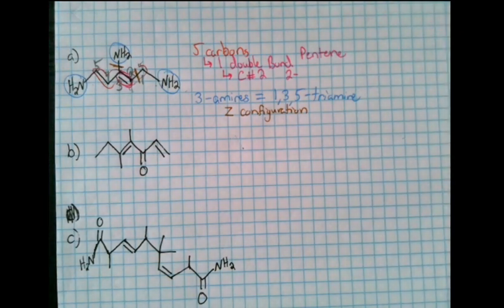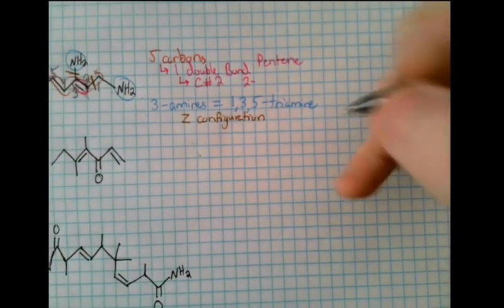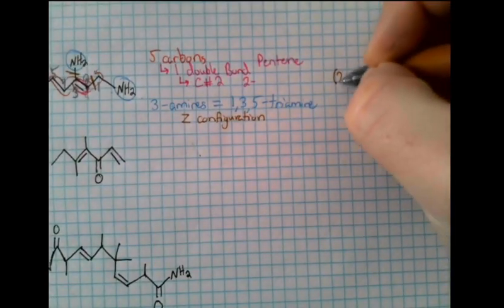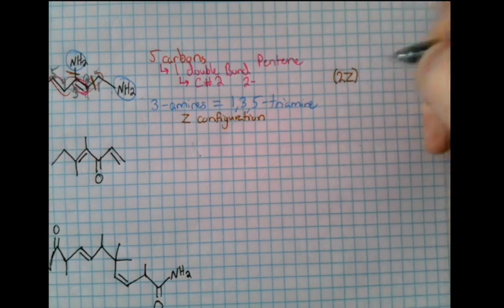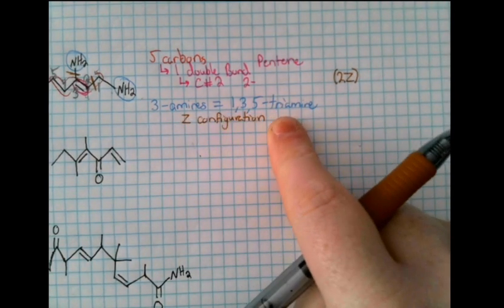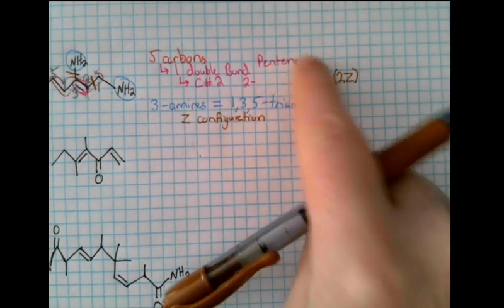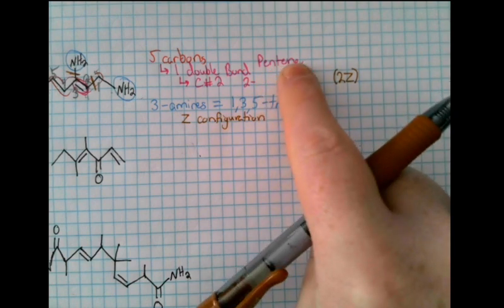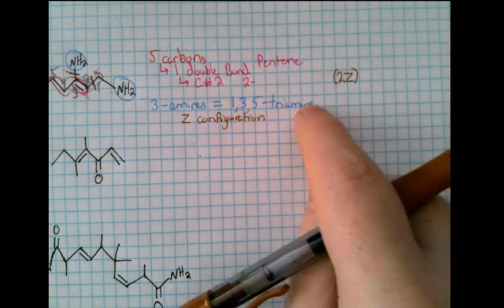Now, since there's only one double bond, we don't have to put a number with it, but it's probably good practice to put that number with it. So we've got a parenthesis 2Z. The amines modify the ending, so we're going to have to put them at the end. It's going to be pent-N, and then instead of that E, we're going to have triamine.